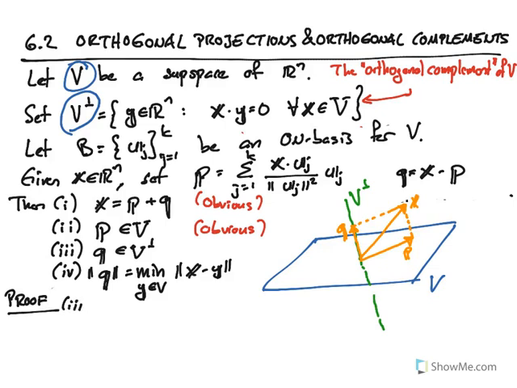So we'll start with 3. And I won't do it for a general vector in V right away. I'll start by doing it for the basis vectors. So fix a basis vector ui. And then I'll take the inner product between ui and q.